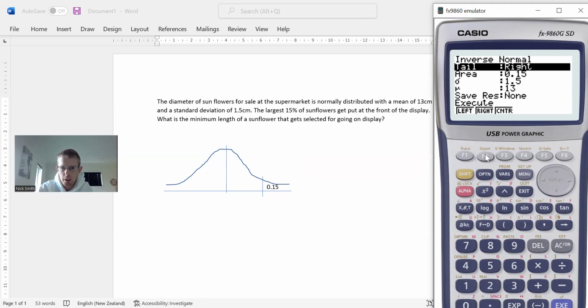So F2, we'll switch that. And then we'll push execute. And it's telling me that it's 14.56. Let's round that off to 14.6 centimeters is the number that's going to go there. The minimum length for a sunflower to get picked to put on display. All right, so that is how you use your graphics calculator to do normal distribution problems. Hopefully that all makes sense.